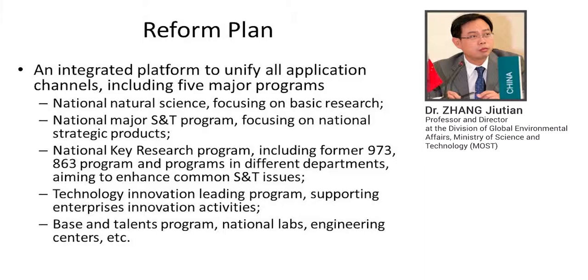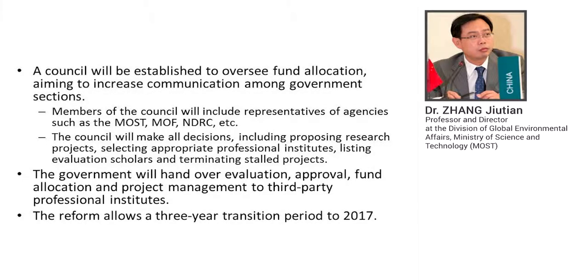The member of the council will include representatives from the Ministry of Sciences, Ministry of Finance, and others. The responsibility of this council is to make decisions, including proposing research projects, selecting appropriate professional institutes to manage the projects, listing evaluation scholars, and terminating the stalled projects.